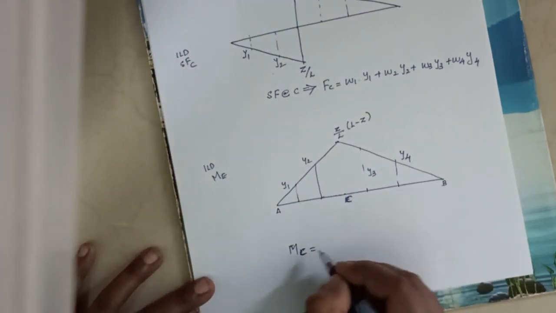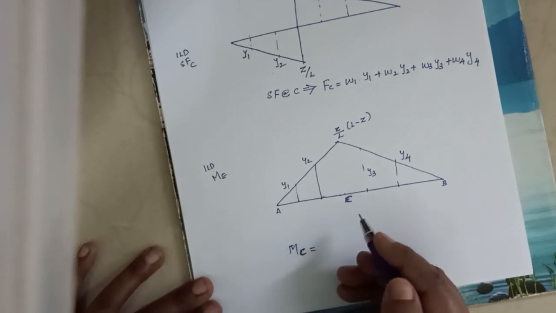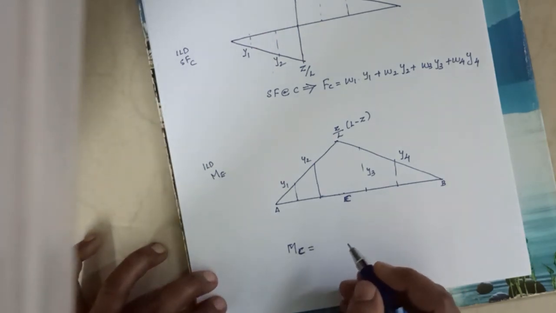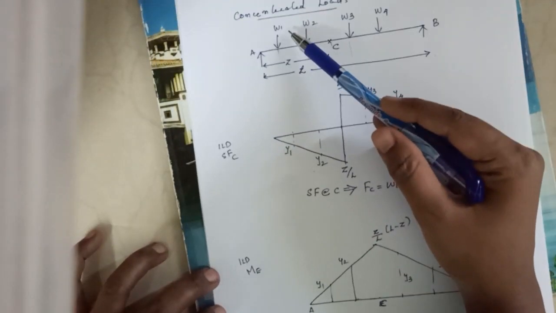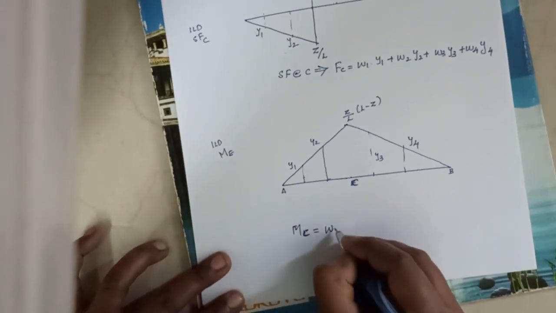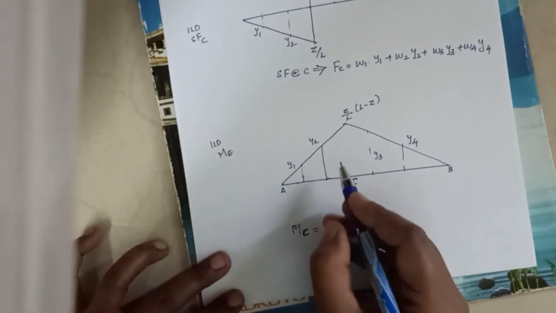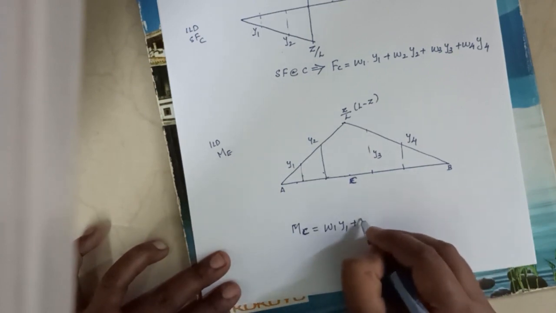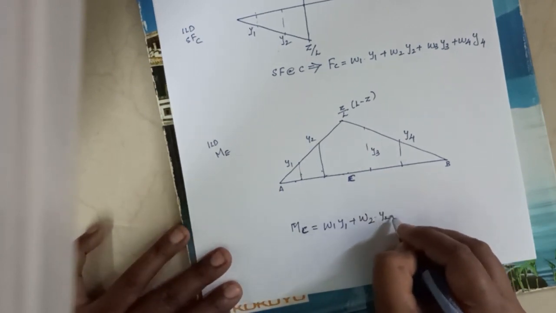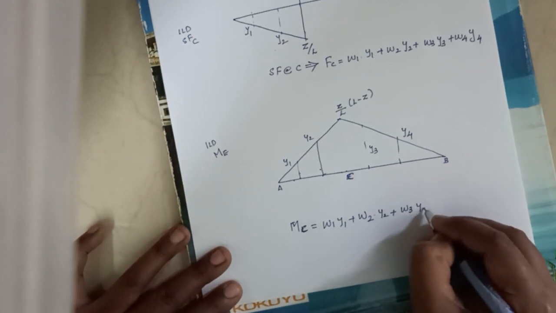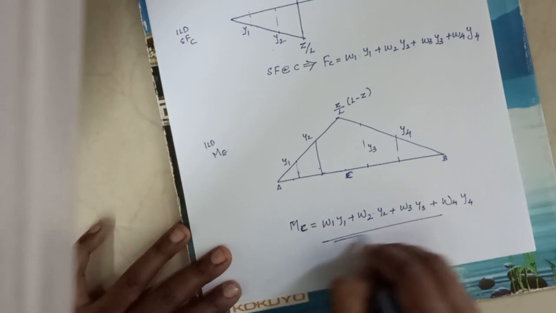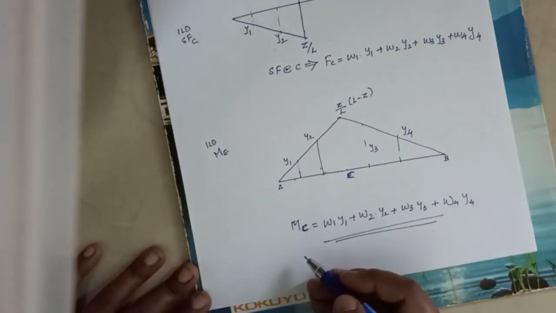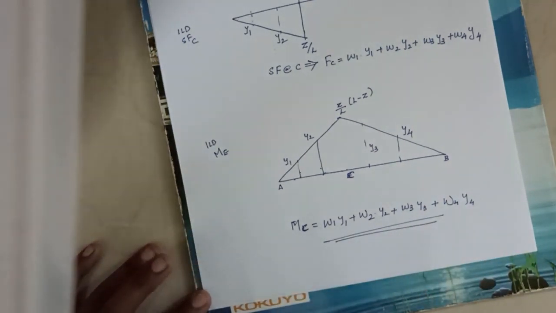So bending moment at this section C will be equal to the algebraic sum of the product of this load and the corresponding ordinate value. So W1 into Y1 plus W2 into Y2 plus W3 into Y3 plus W4 into Y4. So this is the moment at section C.